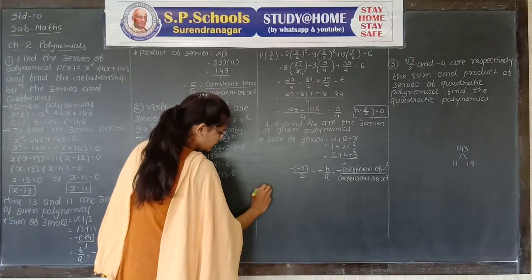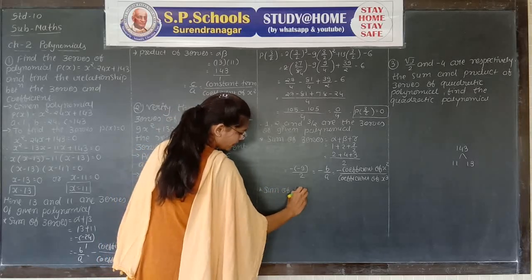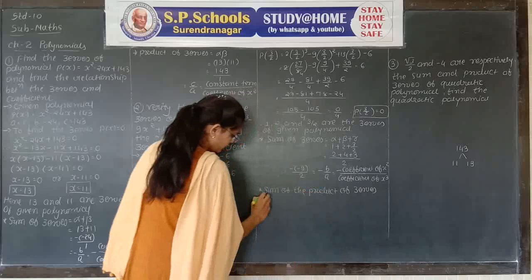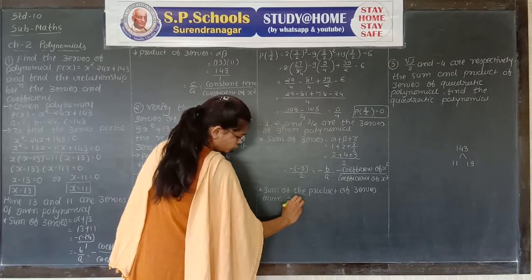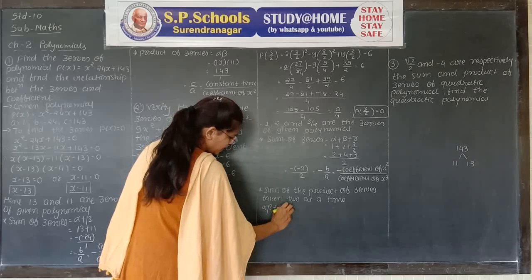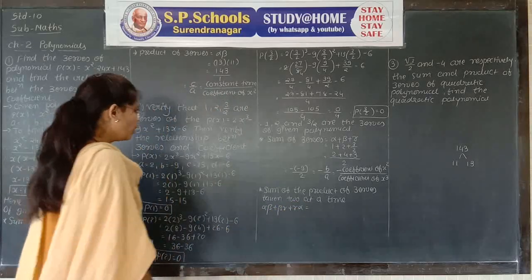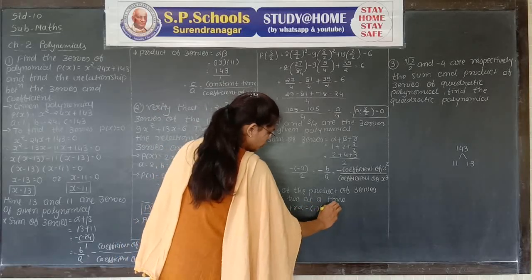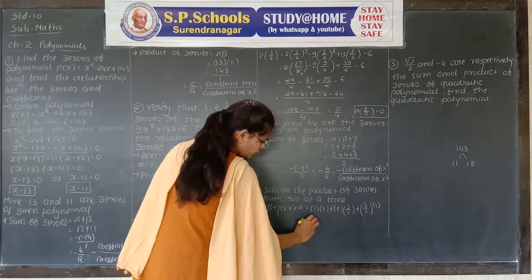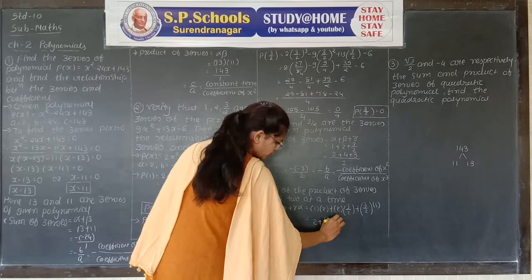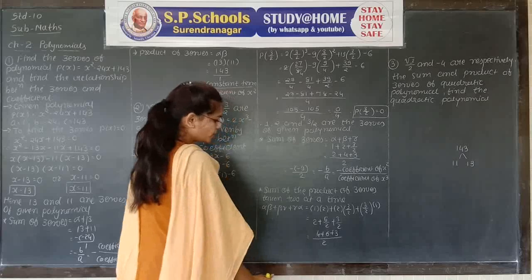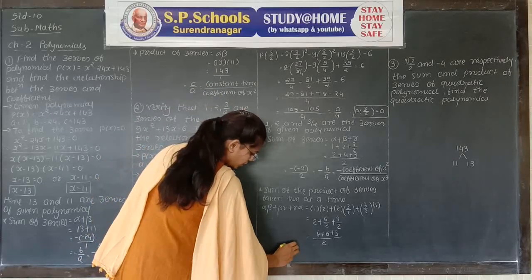Now second is the sum of the product of zeros taken 2 at a time, that means alpha beta plus beta gamma plus gamma alpha is equal to 1 multiplied with 2, plus 2 multiplied with 3 upon 2, plus 3 upon 2 multiplied with 1. 2 ones are 2, plus 6 upon 2, plus 3 upon 2 is equal to 4 plus 6 plus 3, which is 13 upon 2.